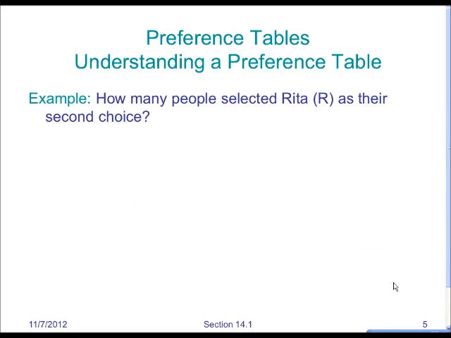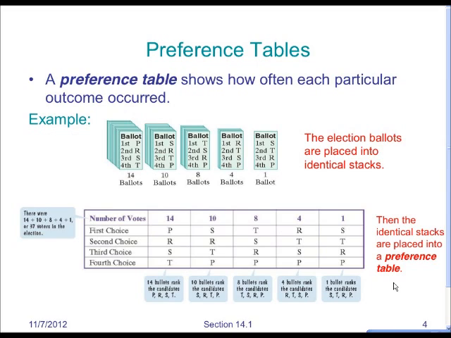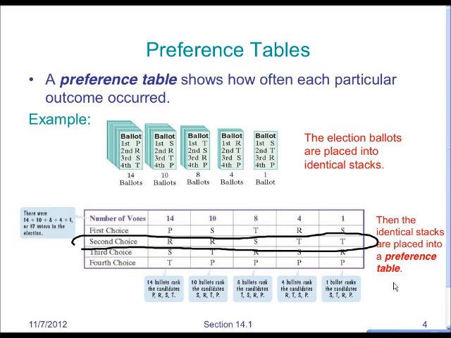How many people selected Rita as their second choice? Okay, so let's go back to the table. We want Rita for second choice. So we're looking at second choice right here, and we count up how many people wanted Rita. Rita is the R, so I've got 14 ballots here, and I've got 10 ballots here, and no more R's, so I don't need those.